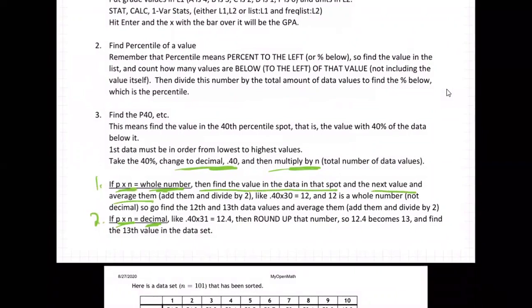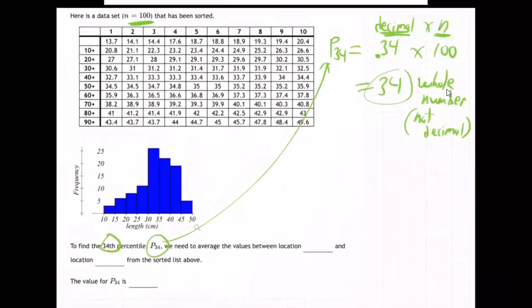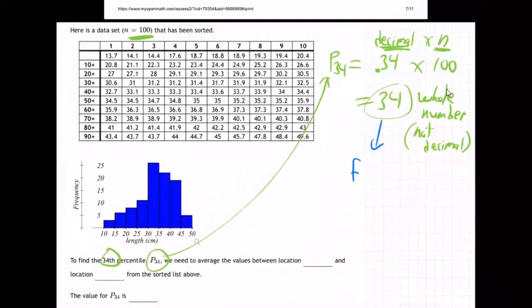So here's an example. It says, if you get 12, 12 is a whole number, not a decimal. So go find the 12th and 13th data values and average them, add them and divide by 2. So in other words, find the 34th and 35th data values. Does that make sense?